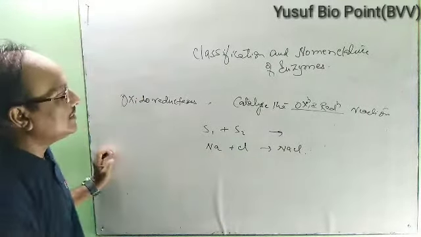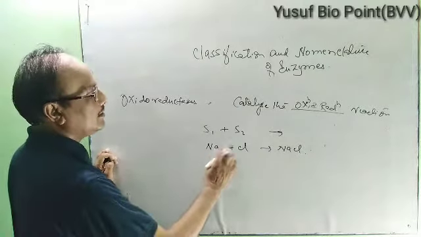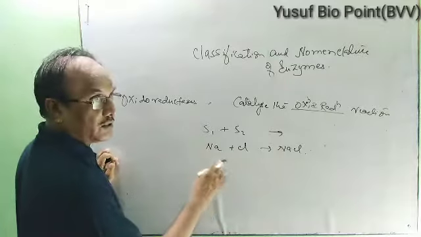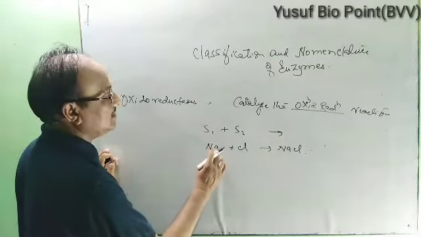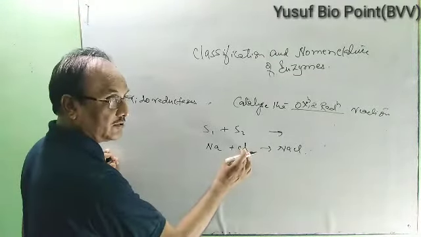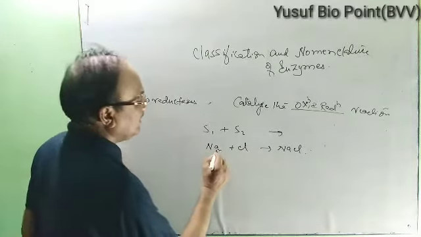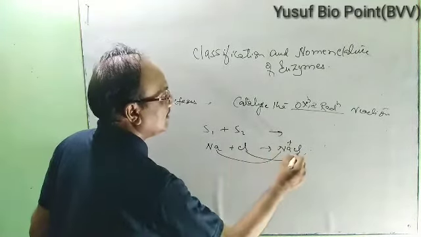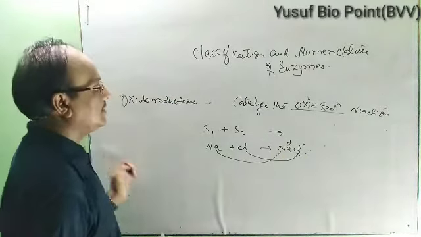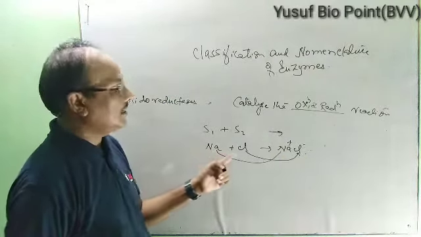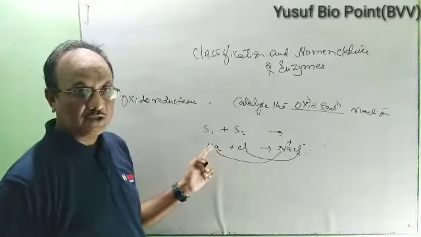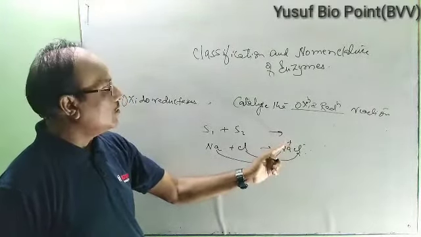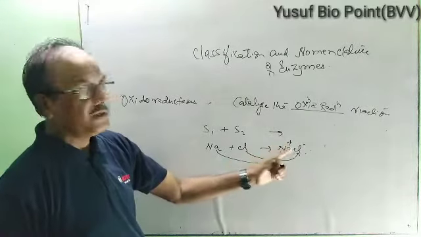Now you see that Na gives electron, so it donates electrons, so it oxidizes, and Cl takes electrons, means reduction. Na gives Na plus ion and Cl minus ion, means here is oxidation, here is reduction. Oxidation means loss of electrons, and reduction means gain of electrons.